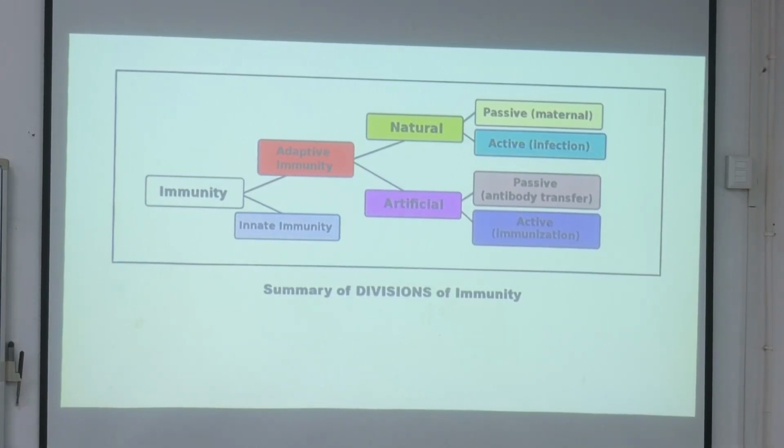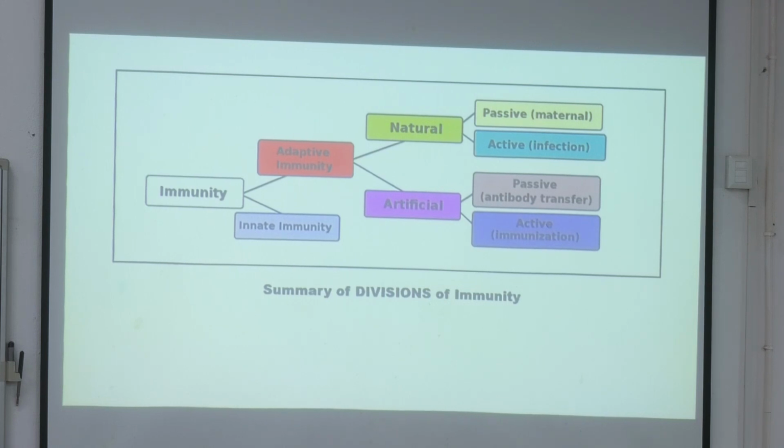In contrast, when we acquire an infection and mount a primary response, secondary response, that is called active. Similarly, artificial passive: right now, you have a patient who is likely to have tetanus or gas gangrene. Immediately, you give anti-tetanus immunoglobulin, not toxoid.